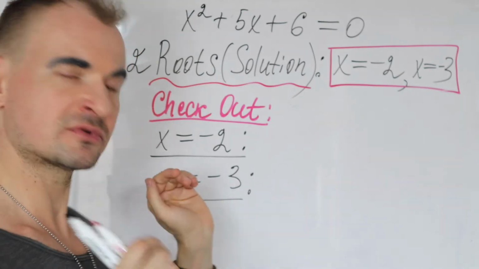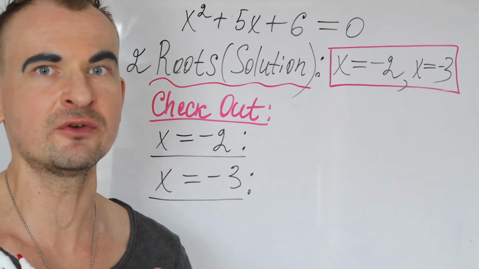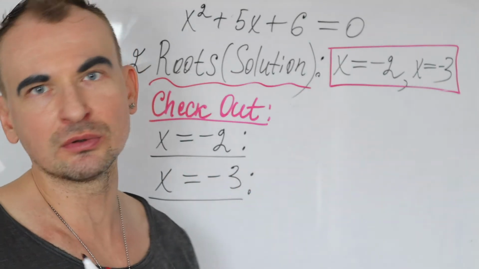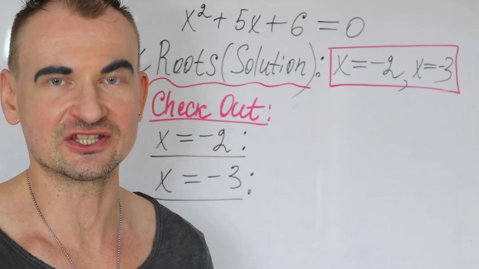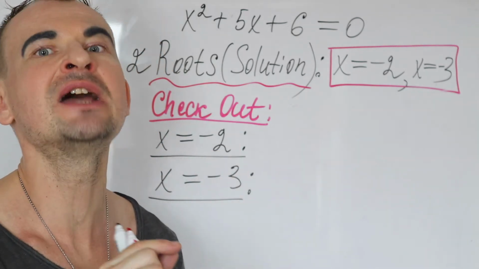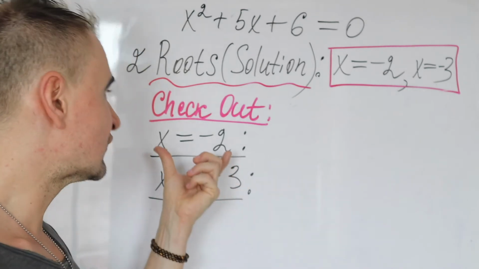So just to be sure that you did your work properly and correctly, it would take you only 20 seconds, or you could even do it mentally, so you don't have to write it down off to the side. Let's do it.